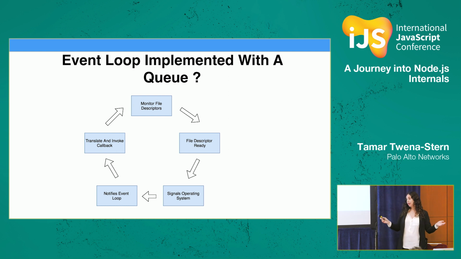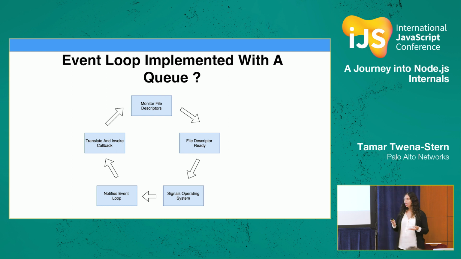What's really happening in the implementation is that there is a monitoring of a collection of file descriptors. Whoever doesn't know what a file descriptor is, it is an object of the operating system that can represent, let's say, a socket, or a file.